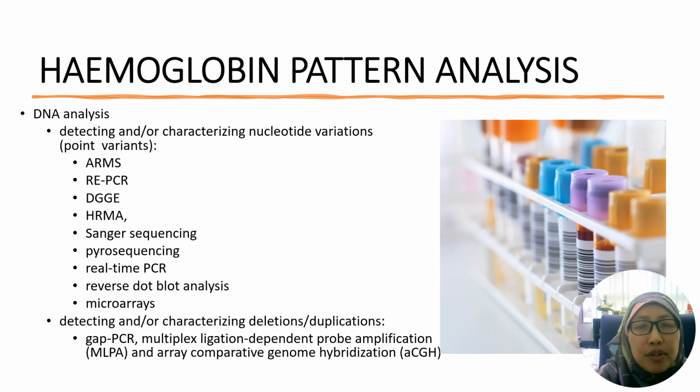Those in current use for detecting or characterizing nucleotide variations include the amplification refractory mutation system or ARMS, restriction endonuclease PCR or RE-PCR, denaturing gradient gel electrophoresis or DGGE, high-resolution melting analysis or HRMA, Sanger sequencing, pyrosequencing, real-time PCR, reverse dot blot analysis, and microarrays, the latter two usually as commercially available systems rather than in-house protocols.